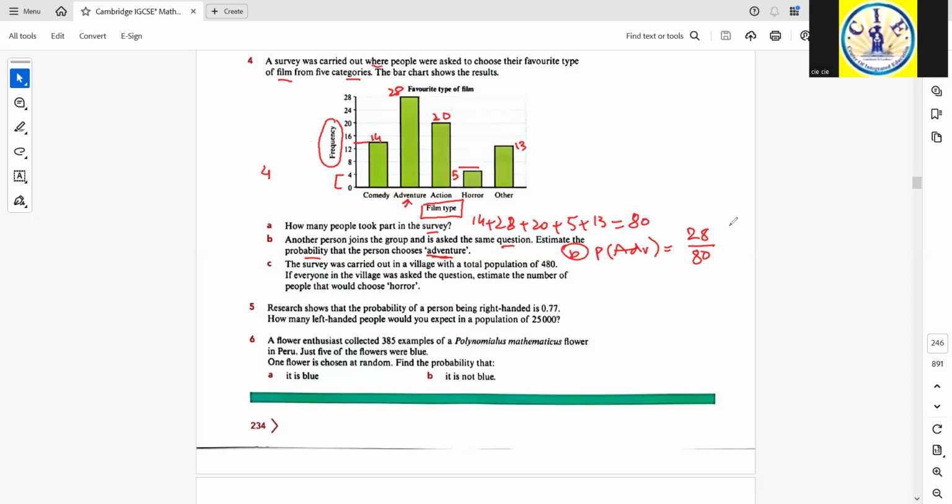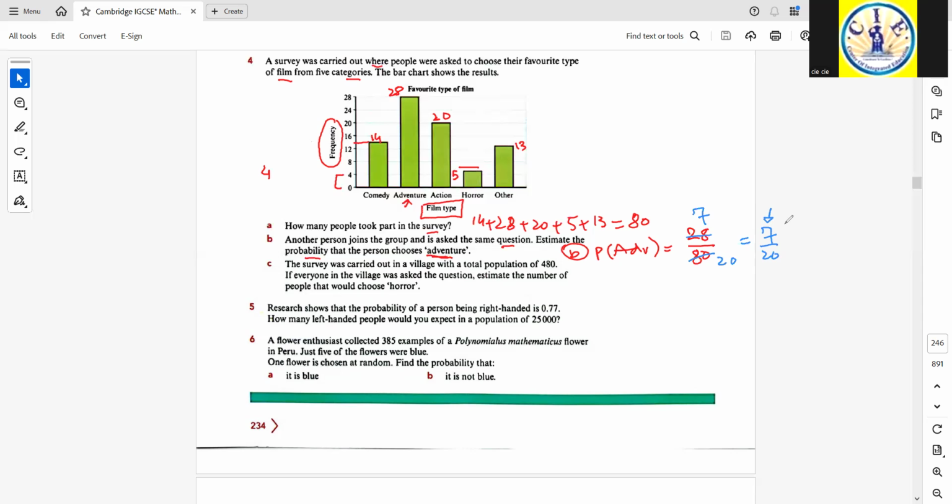So simplifying them, 4 sevens are 28 and 4 20s are 80, so 7 by 20. That means for every 20 people, 7 people are liking adventure. So there are 7 out of 20 chances that the new person is going to like an adventure type of a film.